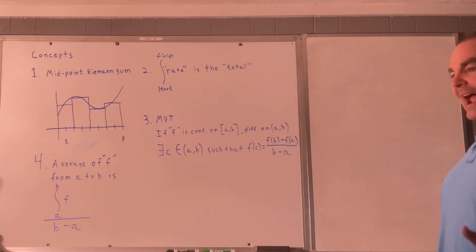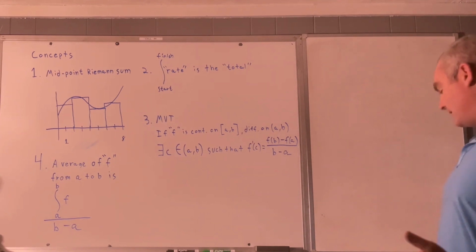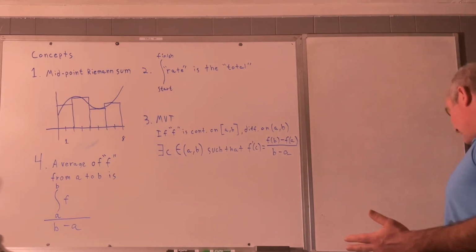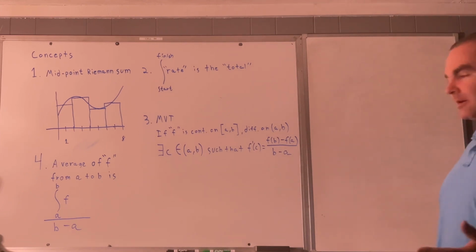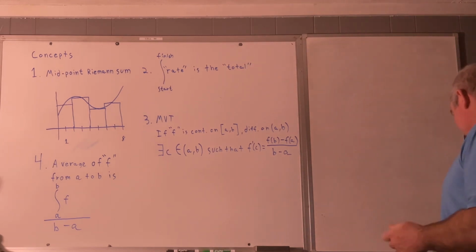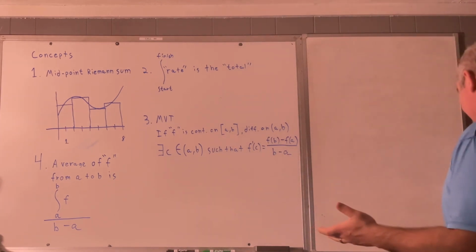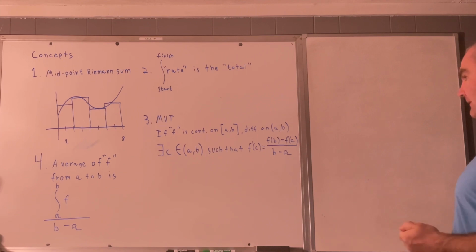So the average rate of change of r of t, which is itself a rate, but don't get that confused. For the purposes of this question, we're just considering r of t some function. So the average rate of change of r of t is 0. And then it asks, is there some time t such that r prime of t, or the rate of change of r of t, is equal to 0? That's how we know we're going to use the mean value theorem.